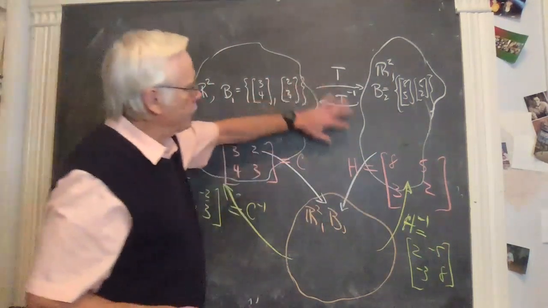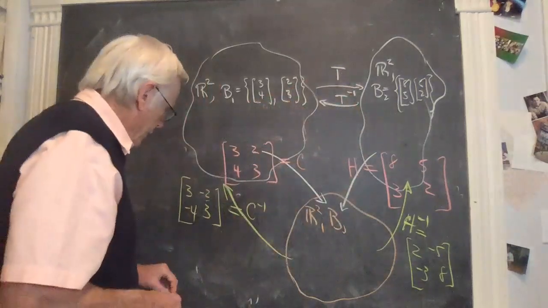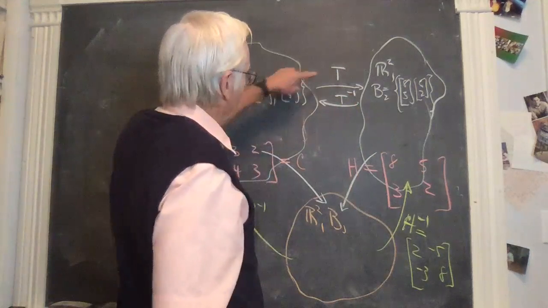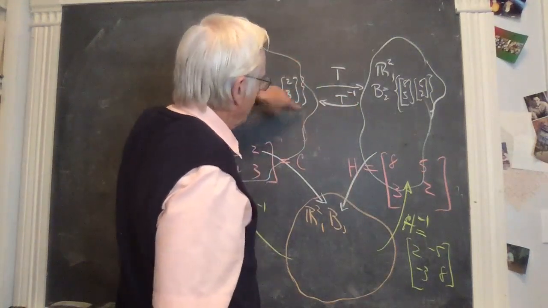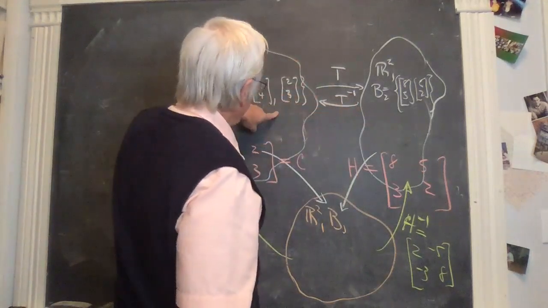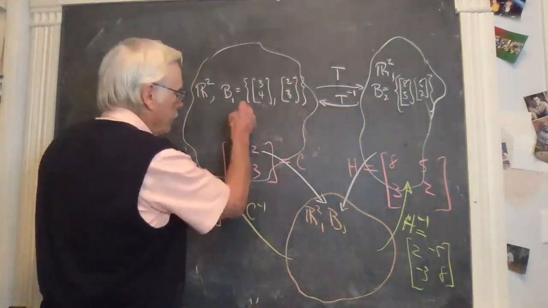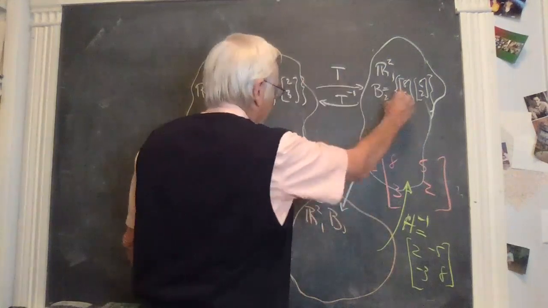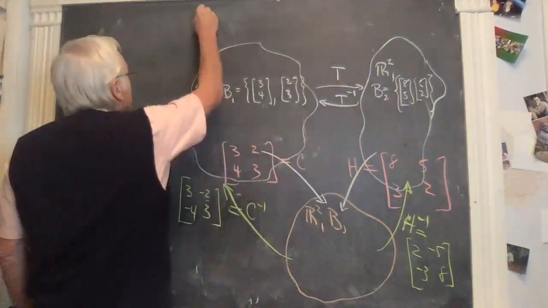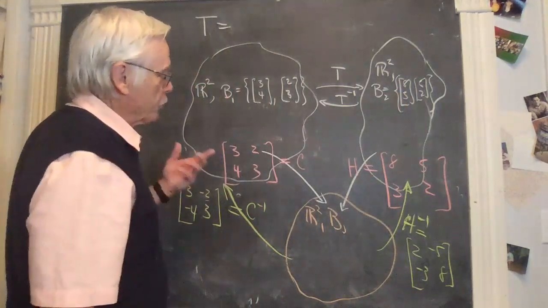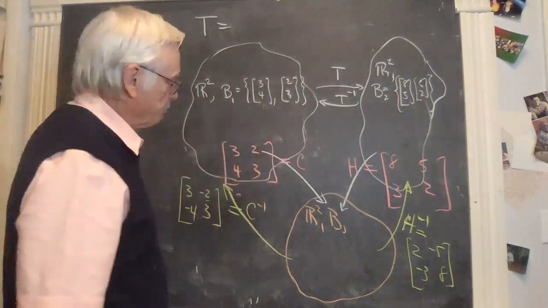So we haven't attacked this problem yet, but it's easy to solve now because T begins here and ends here. T starts with B1, ends with B2, and what we're going to do is make the trip this way rather than straight across. So T, and these are functions, by the way, so the first one goes on the right.